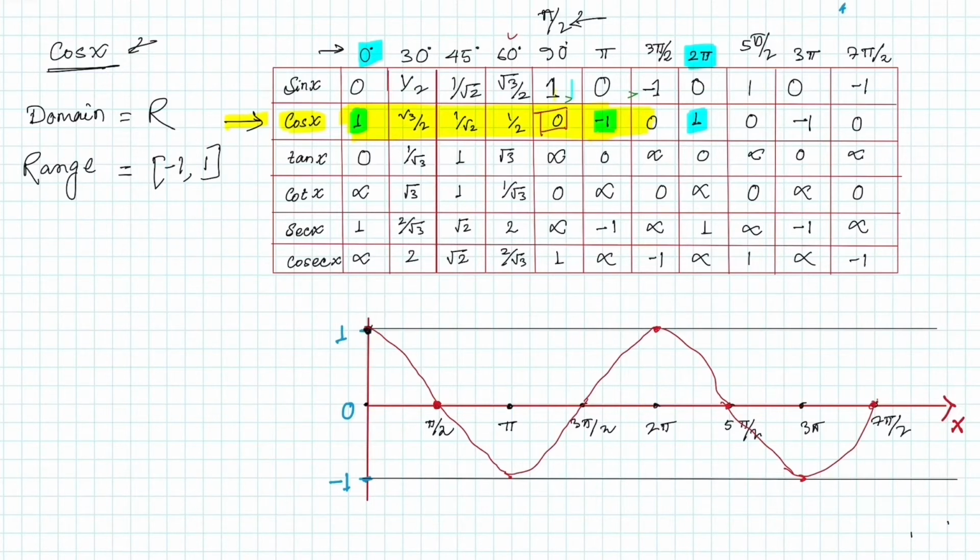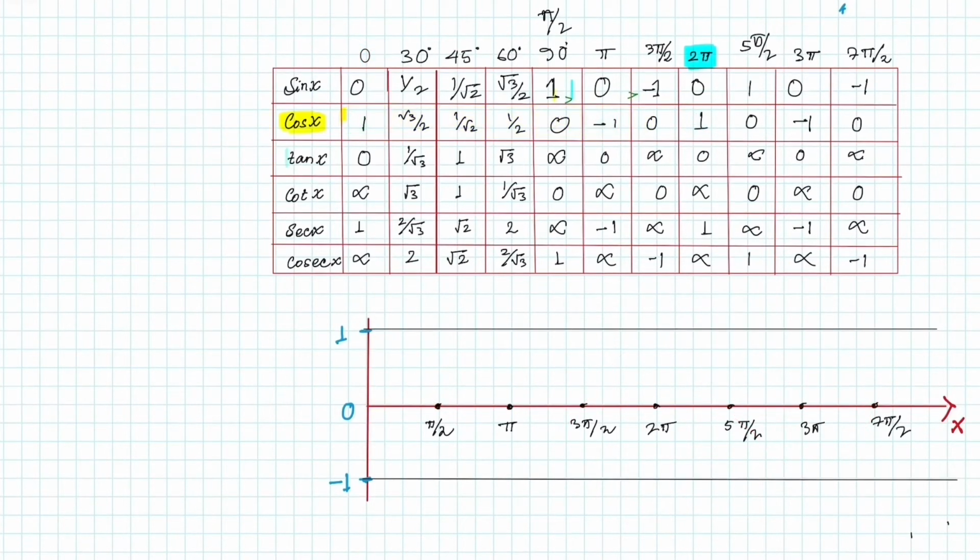Now let me show you how to draw the graph of tan x. We know that tan x is equal to sin x by cos x, and for cos x equal to 0, tan x is not defined.